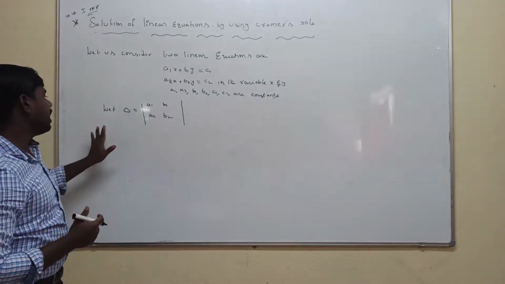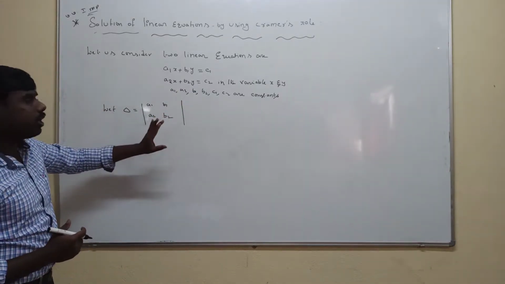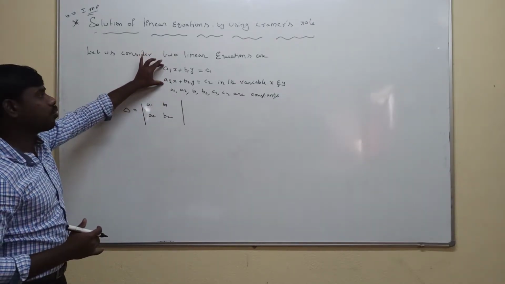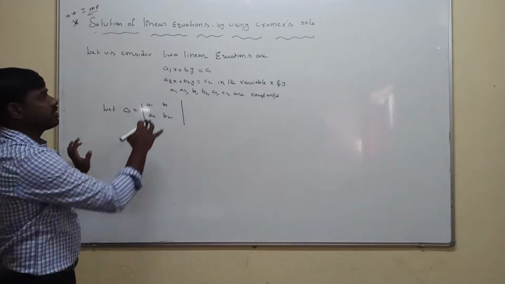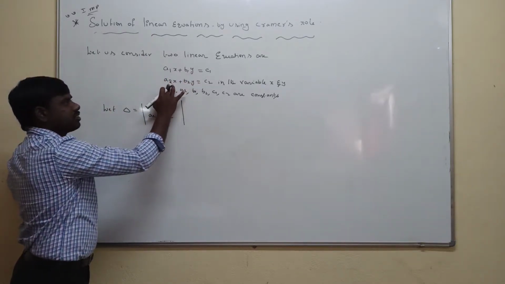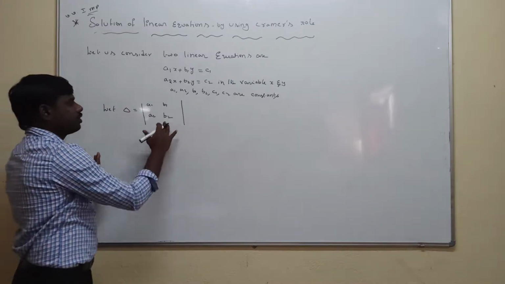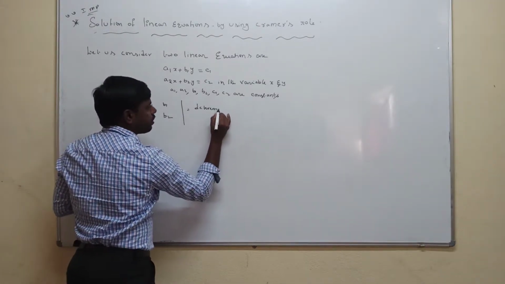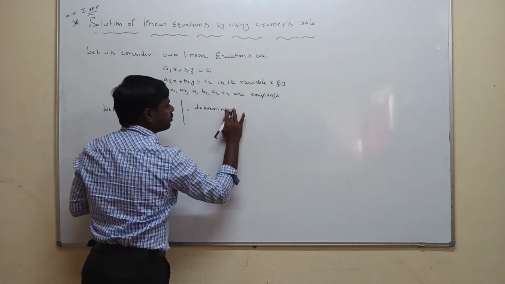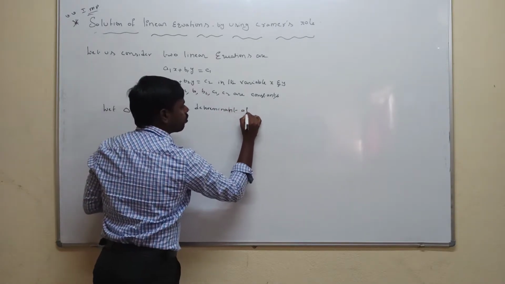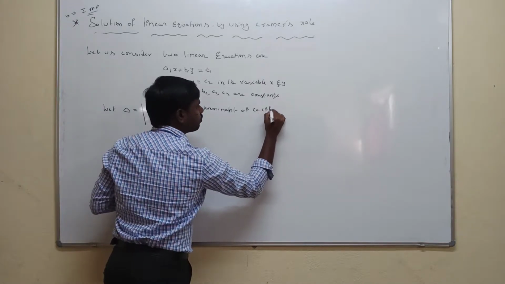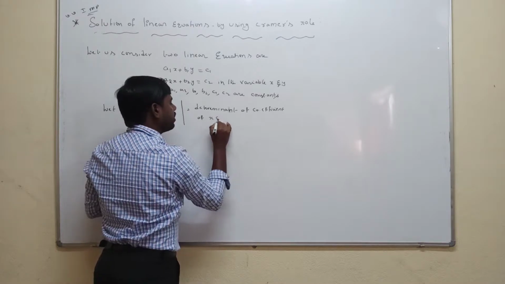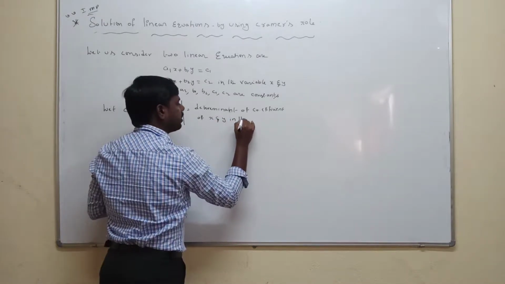So delta is the determinant with the first row a1, b1 and the second row a2, b2. That is the meaning of the determinant of the coefficients of x and y in the given equations.